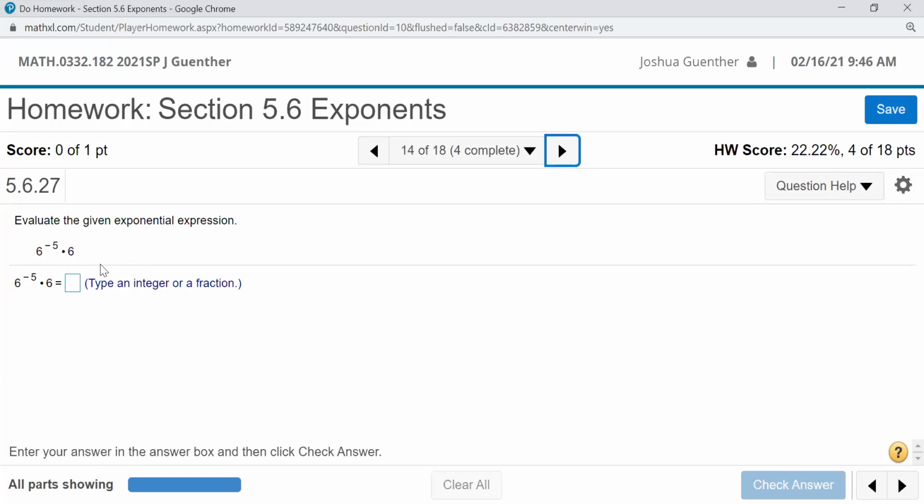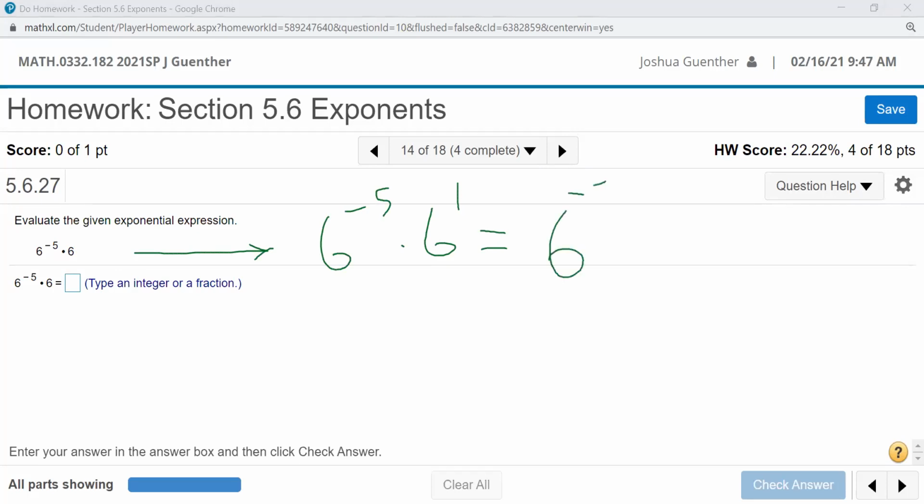So this one looks bad. Evaluate the given exponential expression. There's a couple ways we can handle this one. You can write 6 to the -5th times 6. First of all, that's 6 to the 1st. Then what you can do is you can add their exponents together because they have the same base.